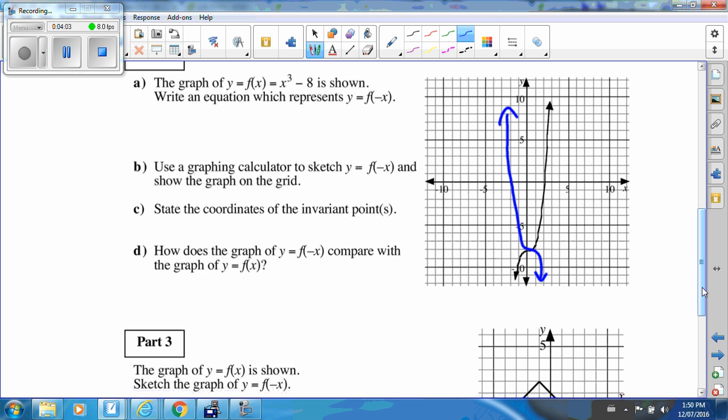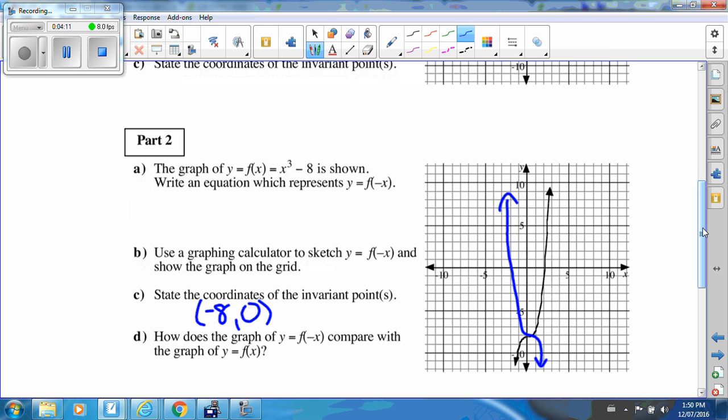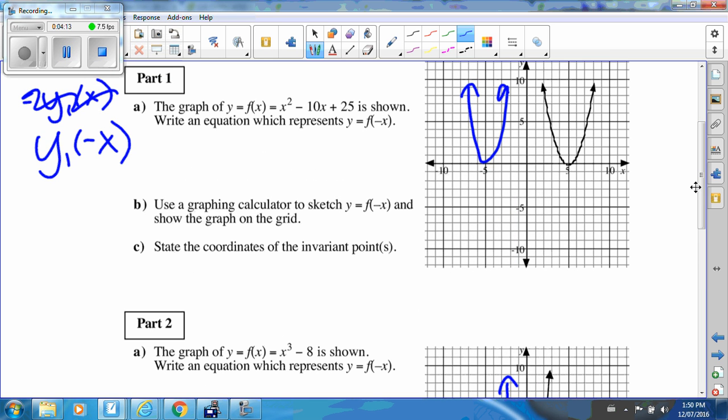I didn't draw that all that accurately, but it works. So here it's at negative 8, 0. I guess I should actually write that invariant point up here. So this would be 0, 25. So it's always the y-intercept, anyway.